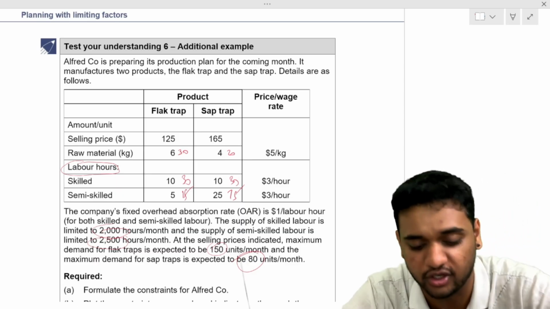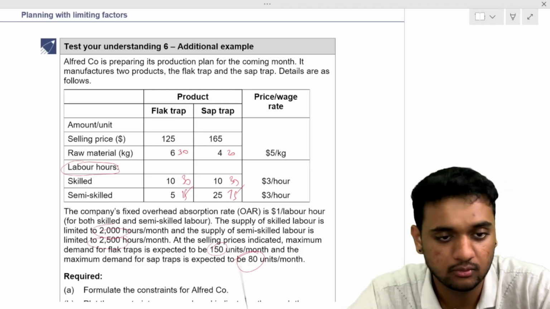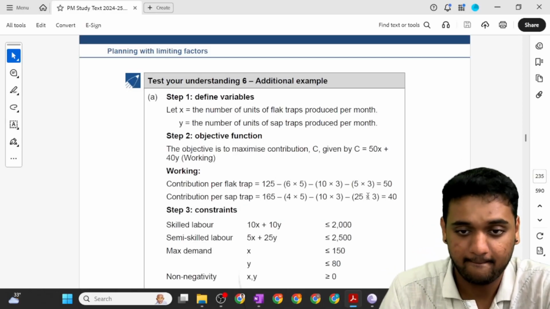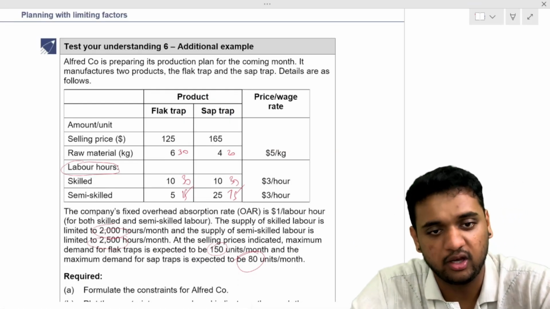Now tell me, what is the contribution you are getting? We need contribution for the products.